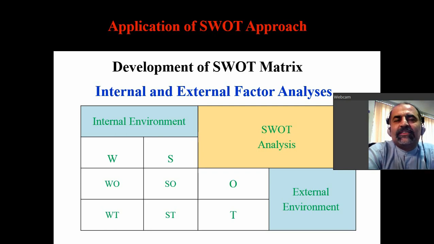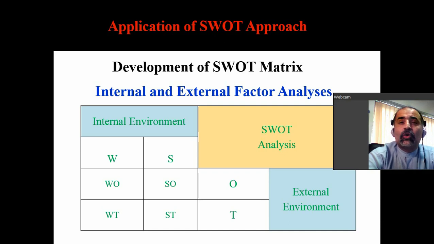We try to understand what are the inherent characteristics of the watershed, what are the inherent strengths and weaknesses of our watershed, and what are external threats and opportunities for our watershed.